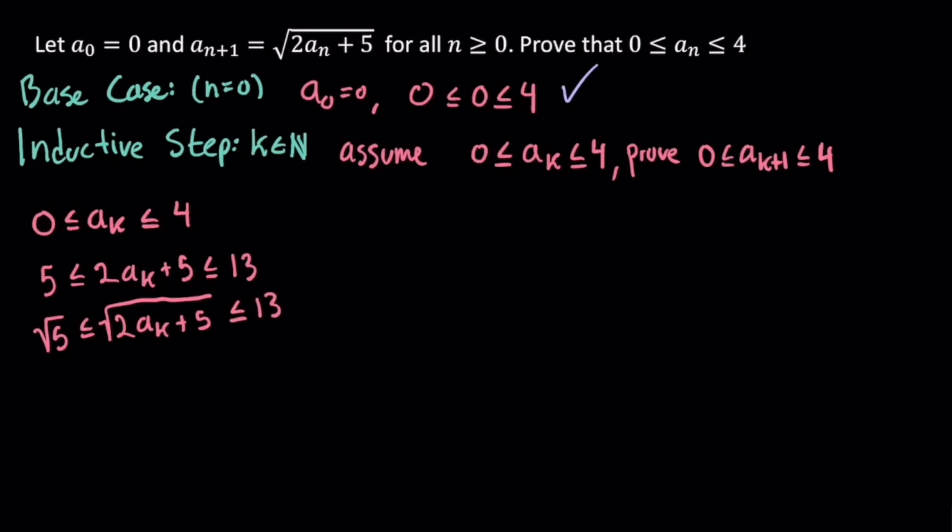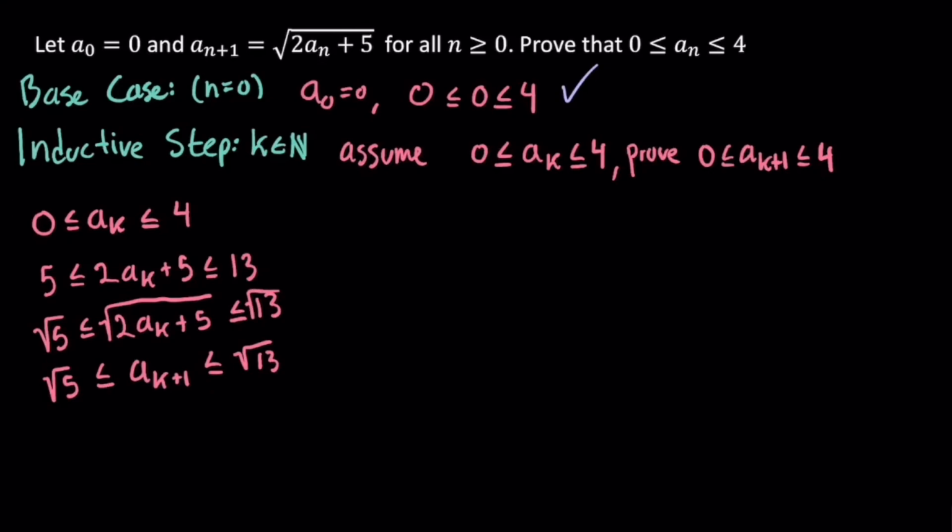Now we can notice that this is literally just ak plus 1 from the definition of the question. So we're going to replace what we have here with that. So we can write root 5 is less than or equal to ak plus 1, less than or equal to root 13. Sorry, I missed a root here.